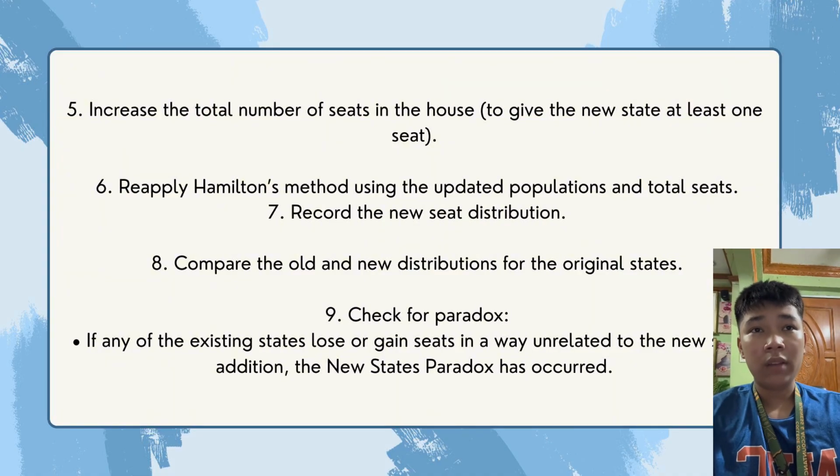Step 7: record the new seat distribution. Step 8: compare the old and new distributions for the original states. Step 9: check for the paradox. If any of the existing states lose or gain seats in a way unrelated to the new state's addition, the new states paradox has occurred. These are the steps and procedures of the new states paradox.